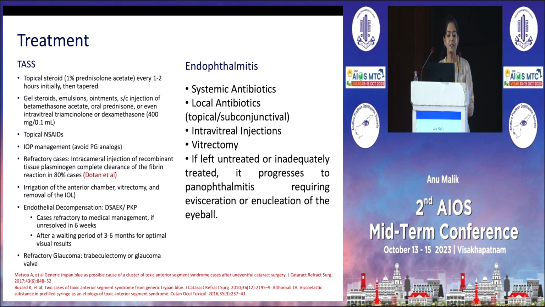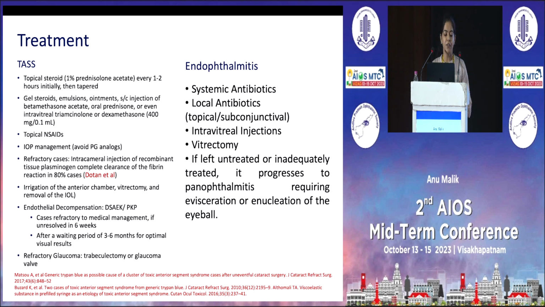Coming to treatment, topical steroids are the mainstay treatment for TASS, which can be given 1 to 2 hourly initially and then tapered. Steroids can be given in the form of gels, emulsions, ointments. We can also give topical NSAIDs. IOP management is very important. In refractory cases, we have to give intracameral injection of recombinant tissue plasminogen activator, which leads to complete clearance of the fibrin reaction.